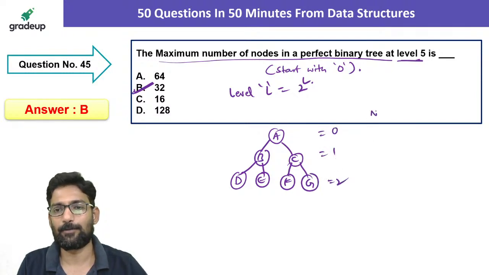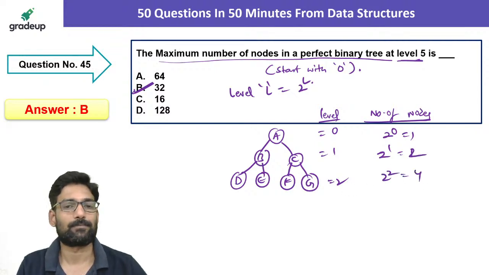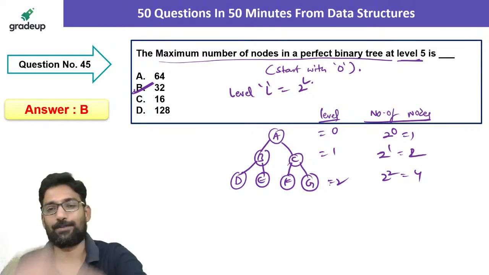Number of nodes: 2 power 0, 2 power 1, 2 square. So 2 power L. If it is starting with 1, then 2 power L minus 1.